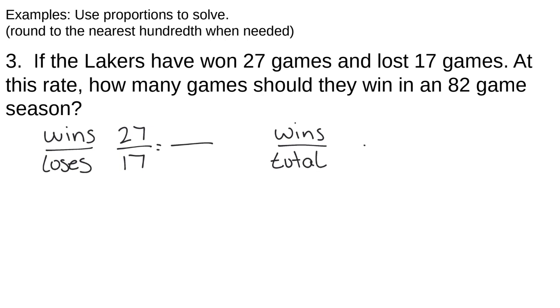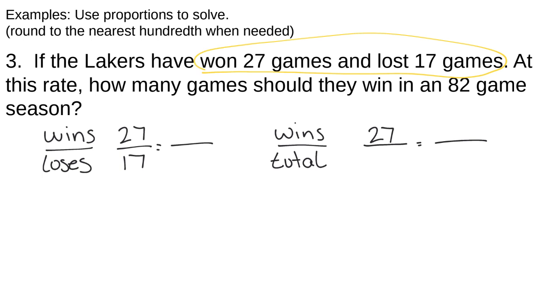Now, we're going to have to do a little fancy work here, but we're going to be able to make this happen. It says in the problem they've won 27 games. So I know where 27 is going to go. The question is, what goes here? How many total games did they play so far? Well, we can figure that out based off of this.